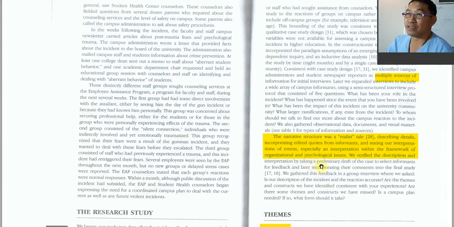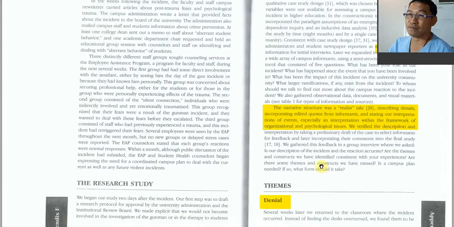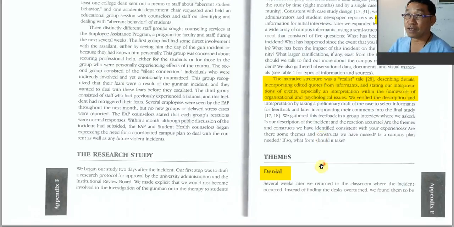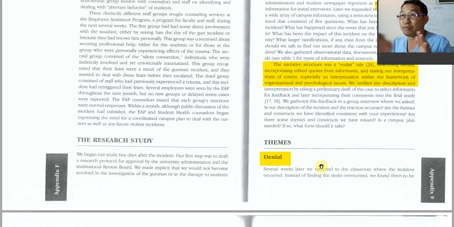Because the data is always messy, right? Hundreds of people will give you hundreds of things, but once you organize it, like student data, administrators data, security data, police information, you might come up with a good case study that would cover many aspects of the case itself, right?